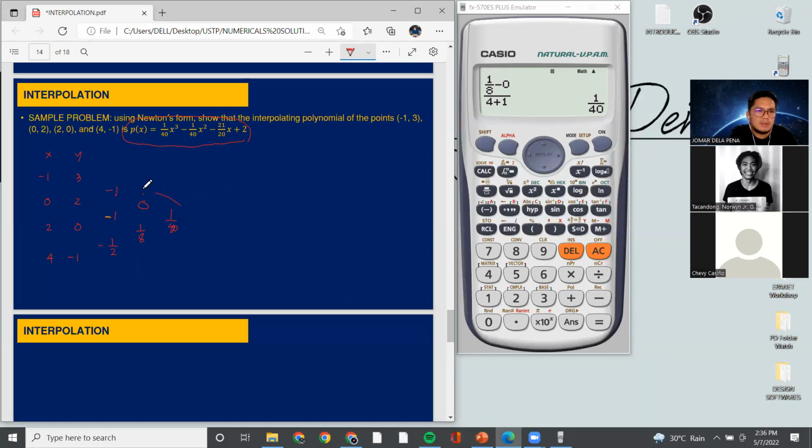Muna itong gamiton nga mga constant. This is 1/40. Okay, then sa itong formula, since upat na ka-kuhan.